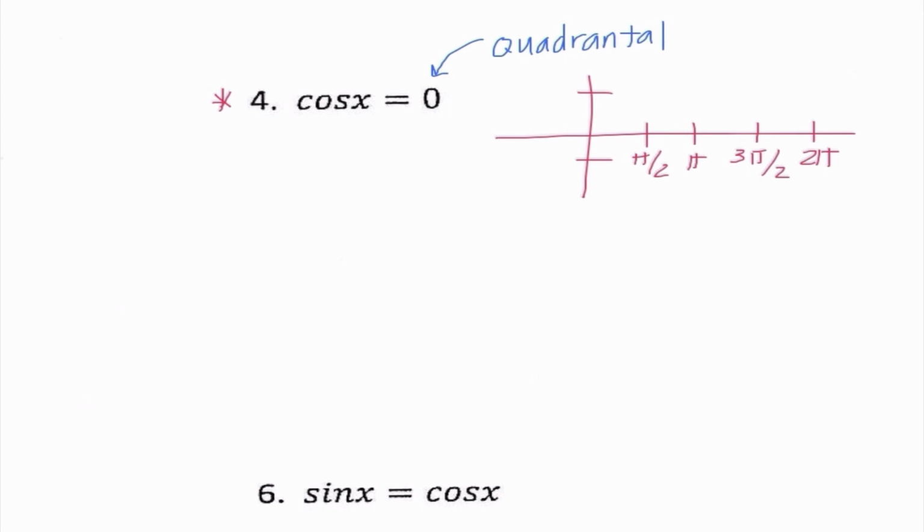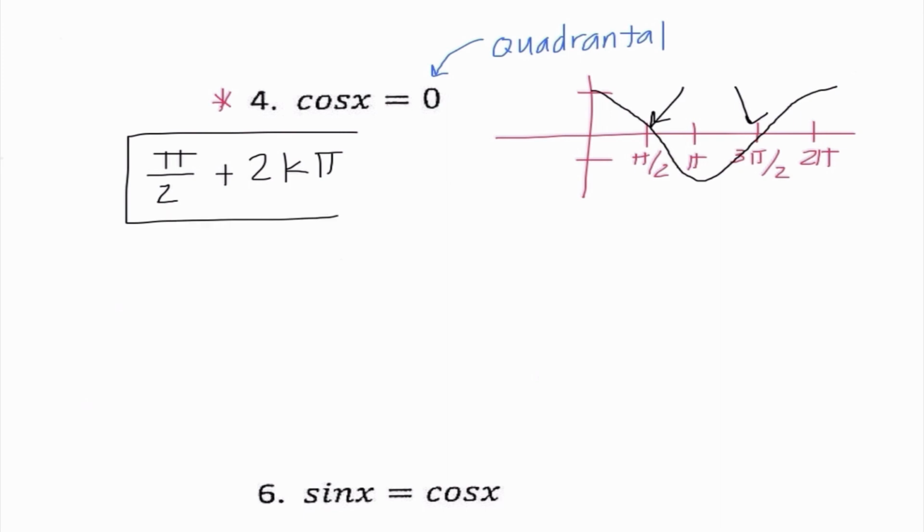And when I sketch a graph of cosine, I can see exactly where it crosses. In fact, I can see that my first answer is pi over 2 plus 2k pi. Now, my second answer, since this is cosine, I could do 2 pi minus pi over 2, and I would get 3 pi over 2 plus 2k pi.